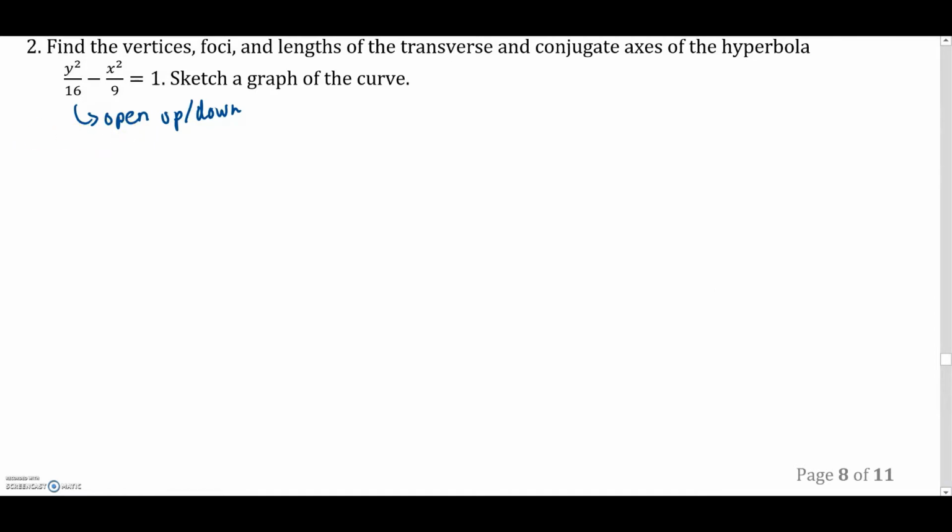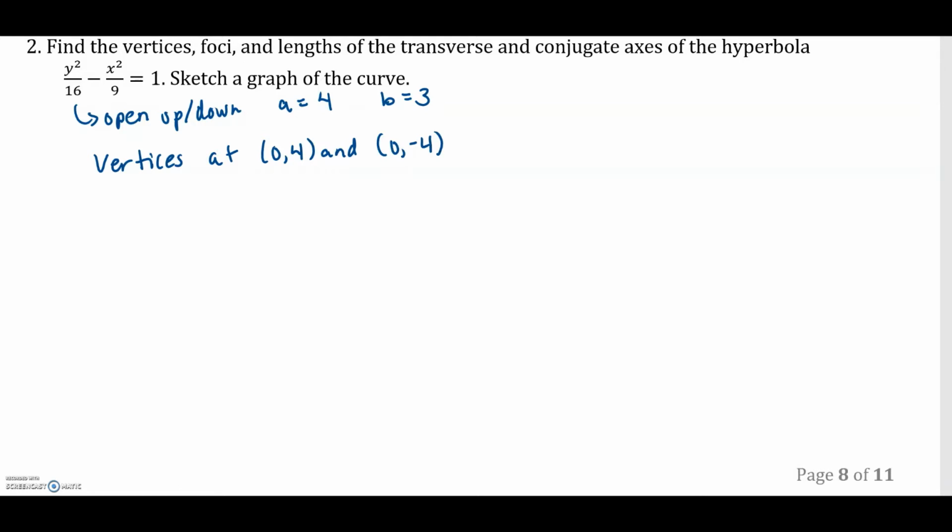So we know that the values of a and b would be 4 and 3 respectively. Therefore, our hyperbola has vertices at 0, 4 and 0, negative 4 on the y-axis.